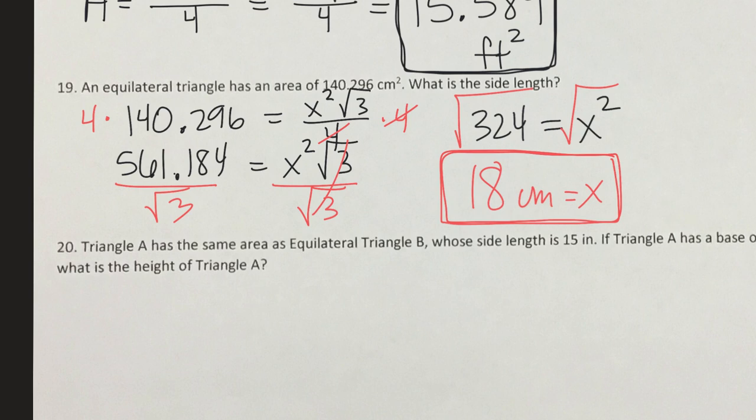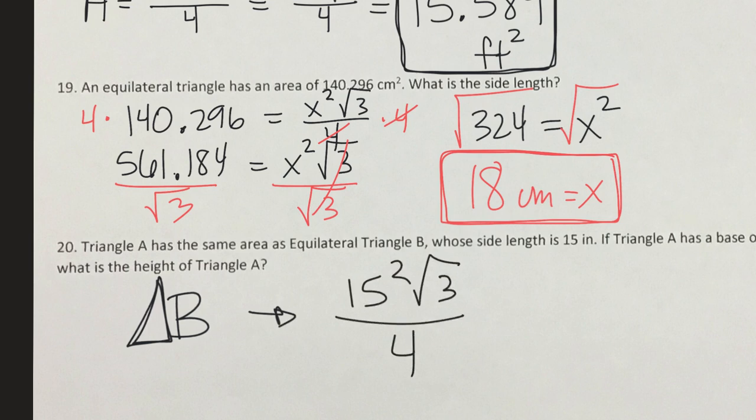Okay, and then number 20 is about two triangles, so we have to calculate two different heights. Triangle A has the same area as equilateral triangle B, whose side length is 15. So we can calculate the area for triangle B, which is 15 squared times the square root of 3 over 4.